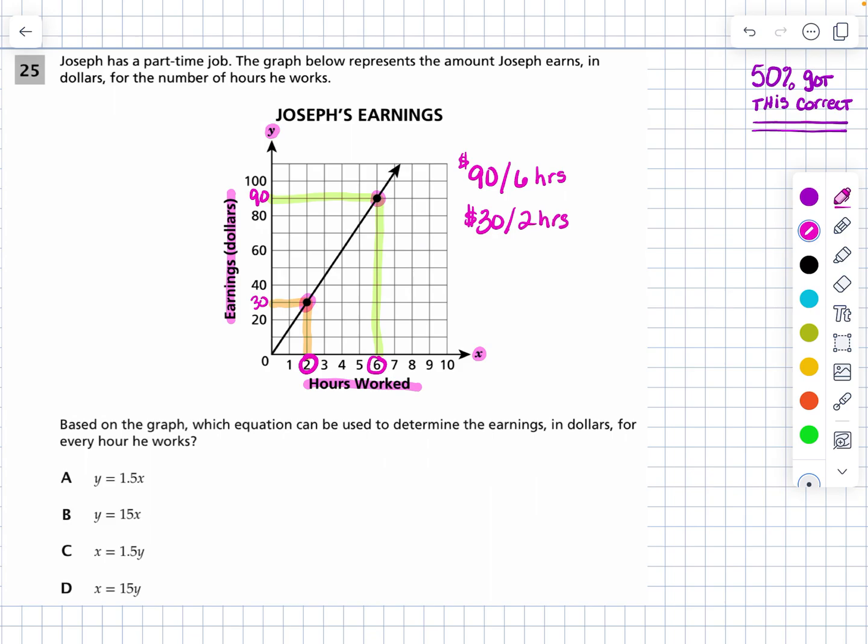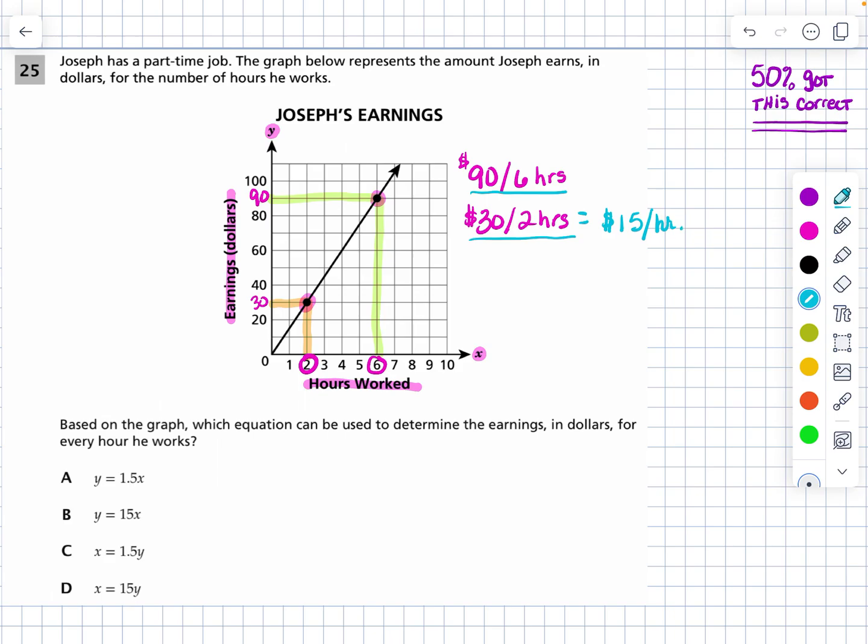So you might be seeing right now that we can make these into division problems to see, well, how much did he make per hour? And you might actually see this one already. So if you make $30 in 2 hours, in 1 hour you're going to make 30 divided by 2, which is $15 an hour.